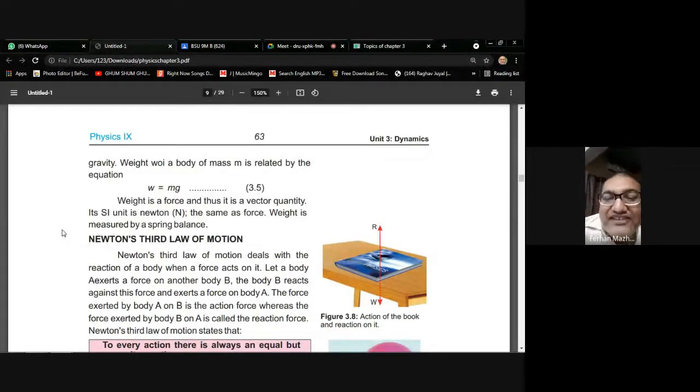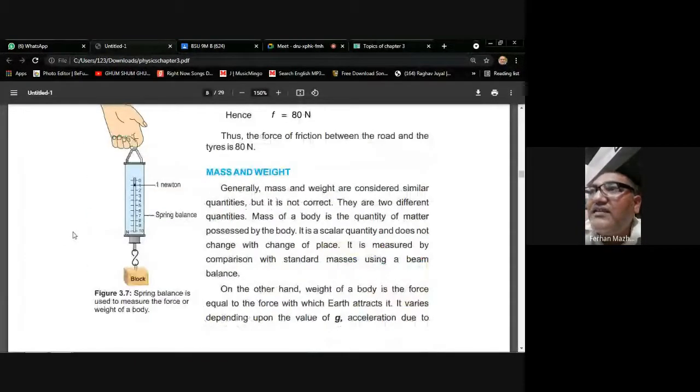M is the mass, measured in kg. G is the gravitational field strength, and its unit is newton per kg. So don't forget this formula. Weight, W is equal to mg. You understand this thing?